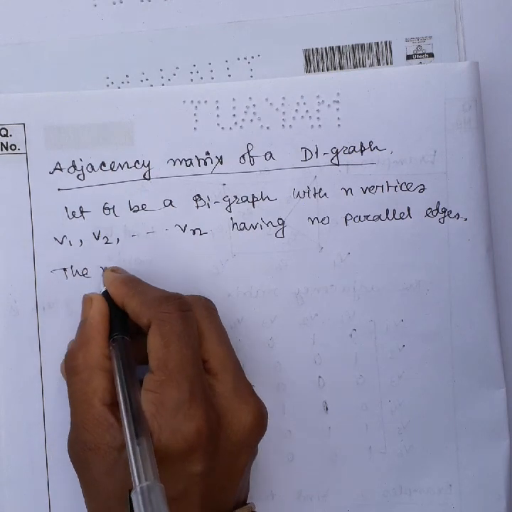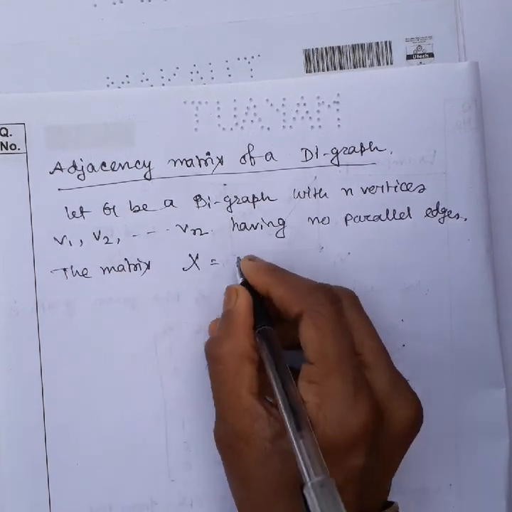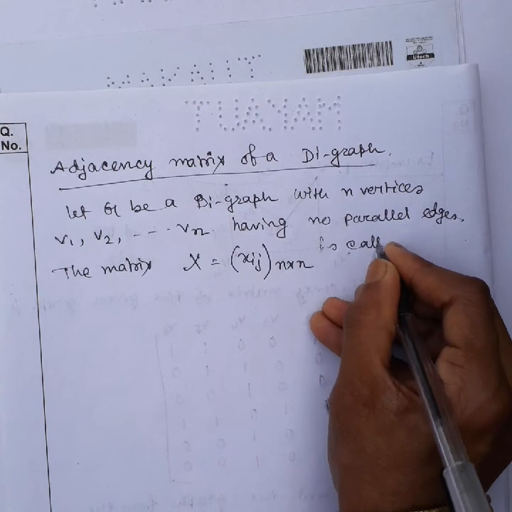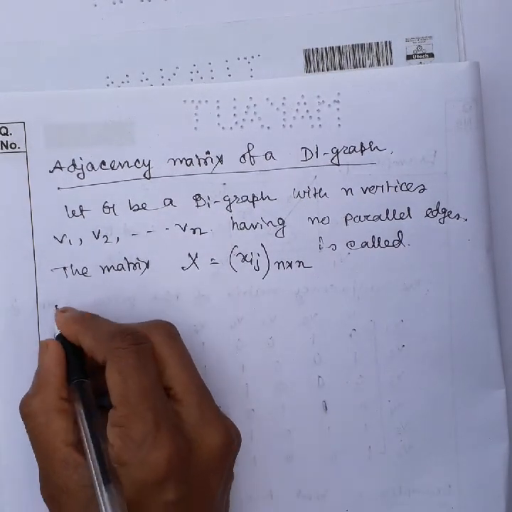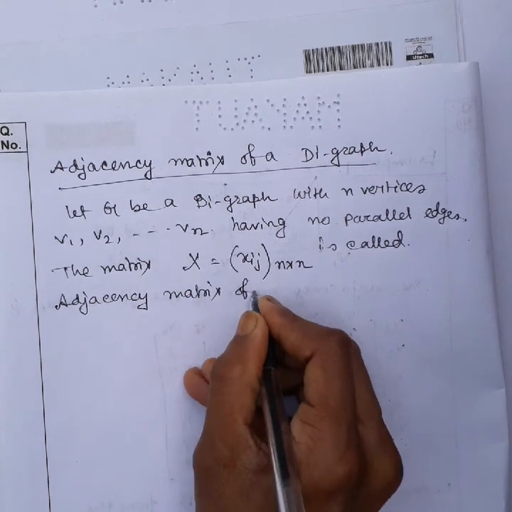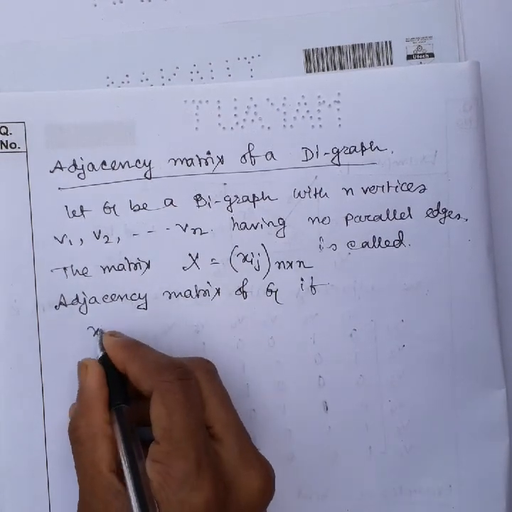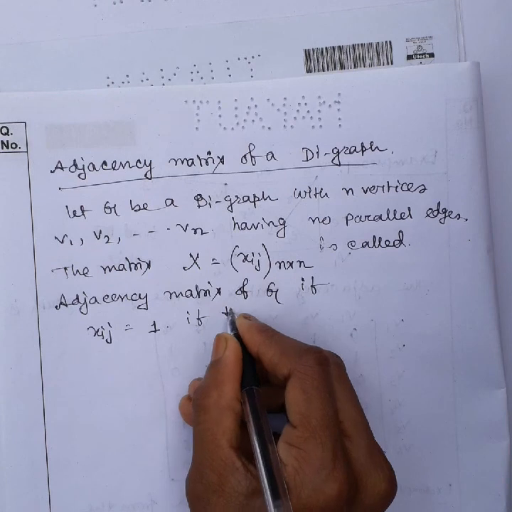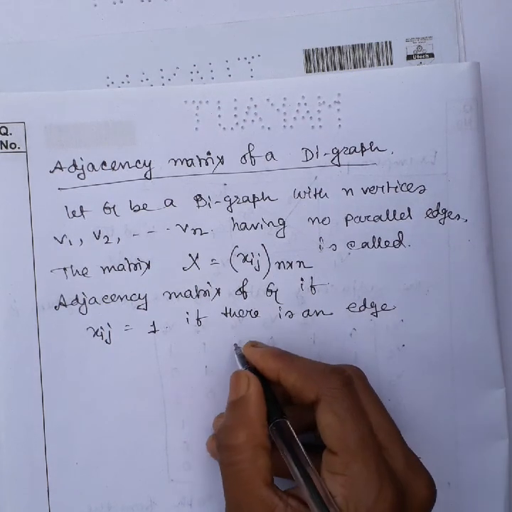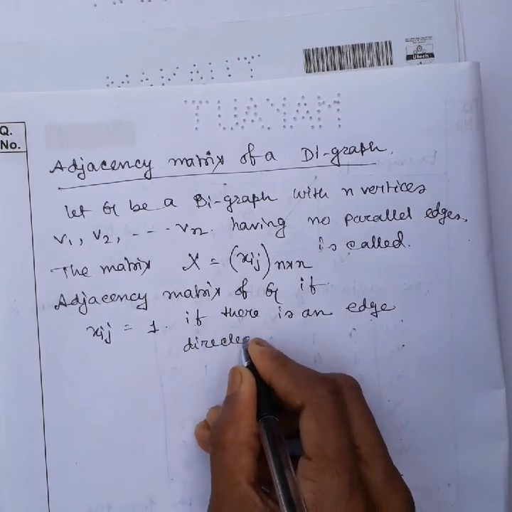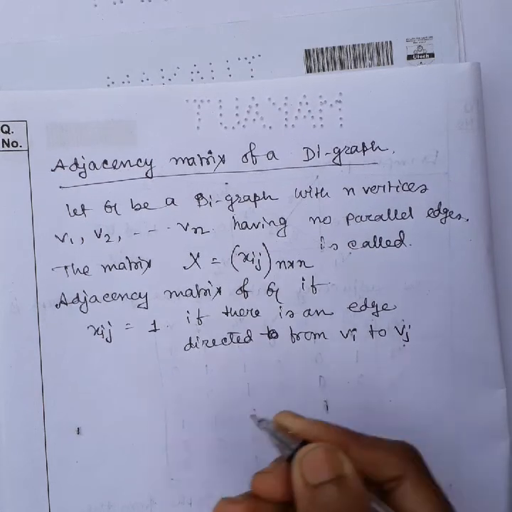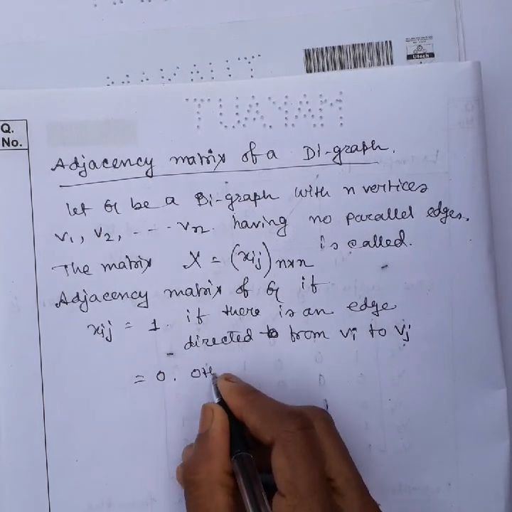Then the matrix X equal to [Xij], n cross n, is called the adjacency matrix of G if Xij is equal to 1 if there is an edge directed from Vi to Vj, and is equal to 0 otherwise.